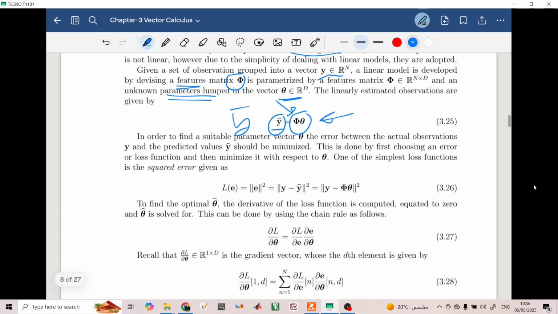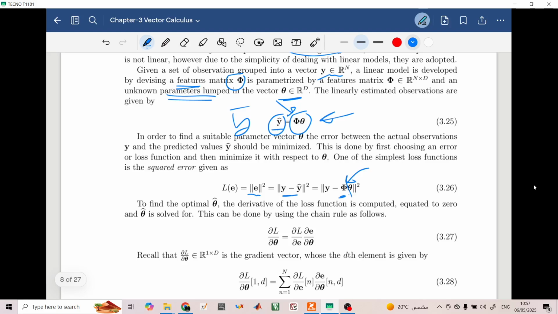Or in other words, we want to minimize the squared error. What is the error? It's the difference between y that we observe, the data that we get, and y hat, the estimated data. How do we get the estimated data? Simply by multiplying phi, which is a known matrix, by an unknown vector. So the whole problem is that we want to find this unknown vector, theta, such that the squared error is minimized.